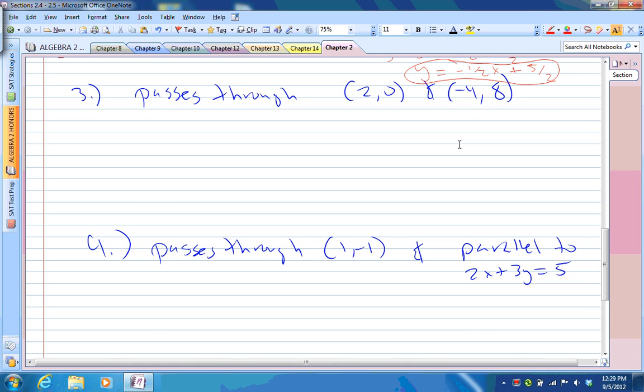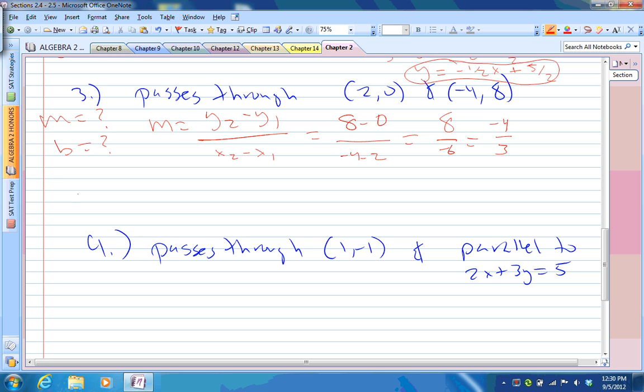Number 3 requires even a bit more work, because we don't know the slope, nor would you know the y-intercept right away. But the slope, remember, is a change of y over a change of x. So you want to subtract the y values and subtract the x values. So if we do 8 minus 0 over negative 4 minus 2, I get 8 over negative 6, which is negative 4/3.